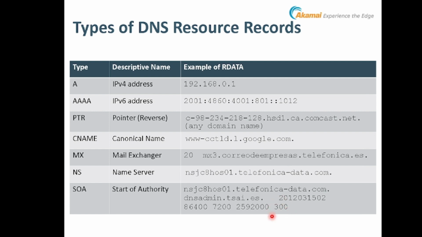And so it happens to be in the SOA, the Start of Authority record, that there is a number, an integer, that is controlled by the owner of the zone. They can indicate to caching servers how long to remember that something doesn't exist. So that's the only piece of information here that caching servers will care about. Caching servers will make a great deal of use of this name server record, however.